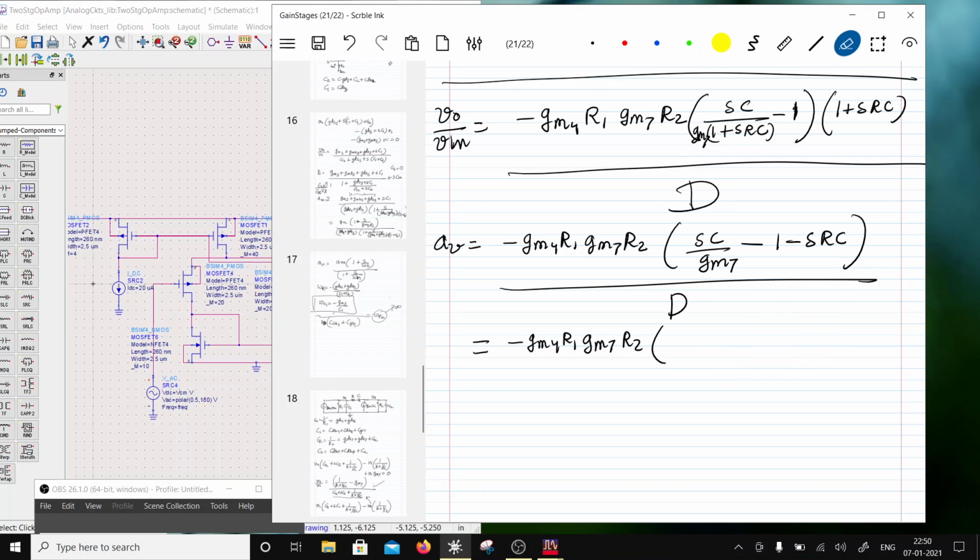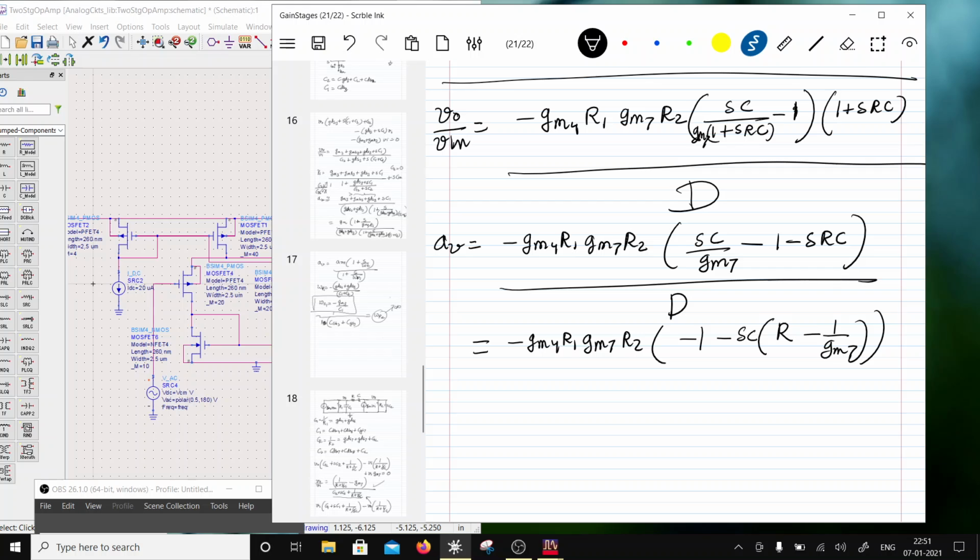Let minus be there at the output. So I have minus 1, and I have minus SC common. So I would be having minus 1 over GM7 here, and there will be R over here, isn't it? Let me verify.